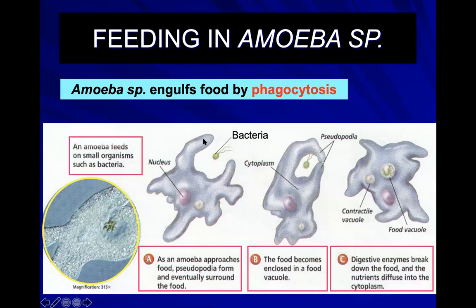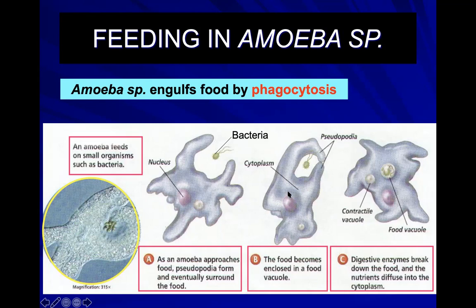Why? Because they want to engulf. This looks like a finger structure, right? Two pseudopodia are formed to engulf. Engulf means to surround the food. Right now we know that amoeba feeds on bacteria.